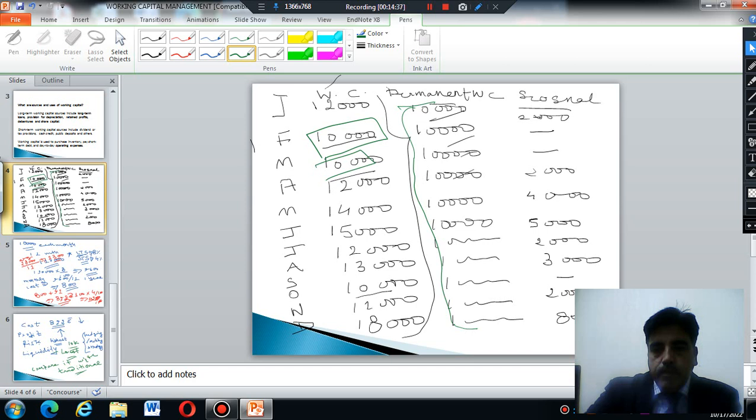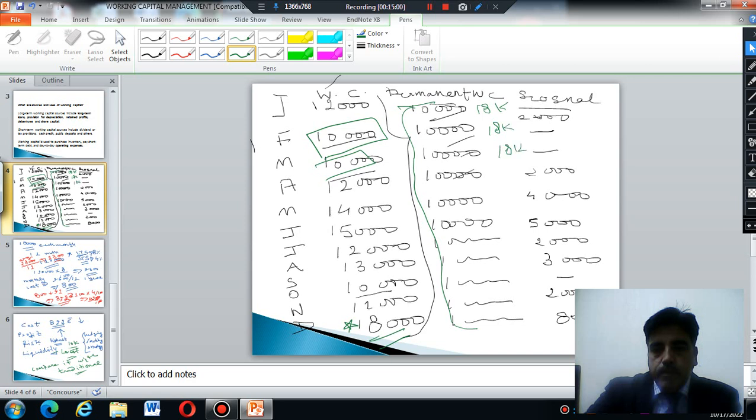When we opt for the traditional strategy, we will see in which month the highest working capital will be required. The highest working capital is required in the month of December. So instead of taking this 10,000, in the traditional way we will take 18,000 requirement in each month.